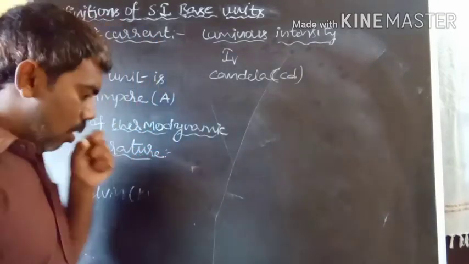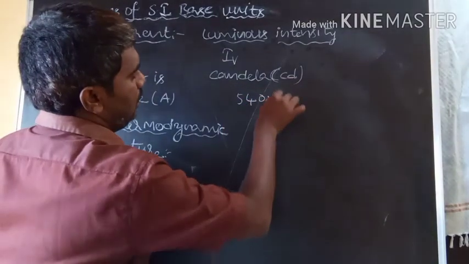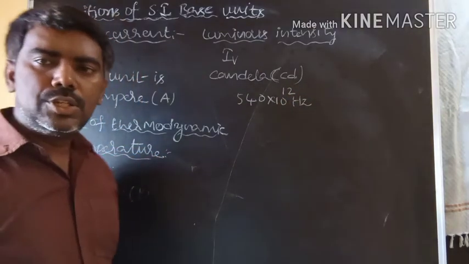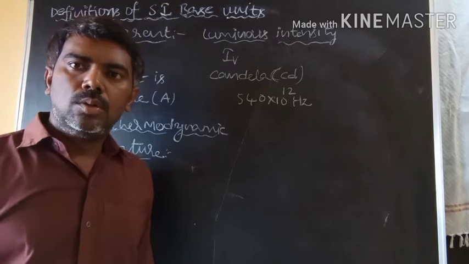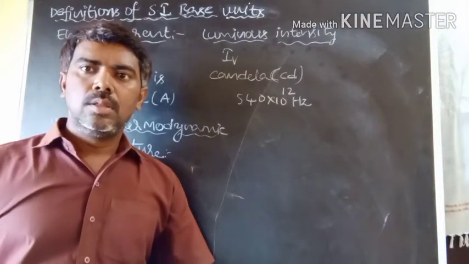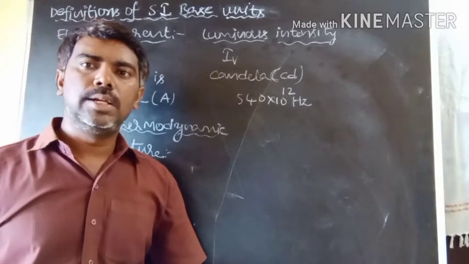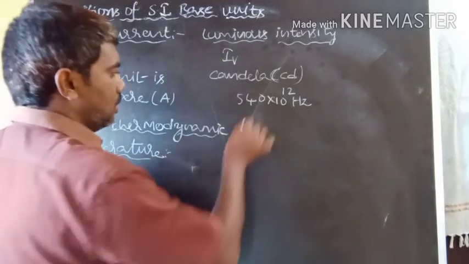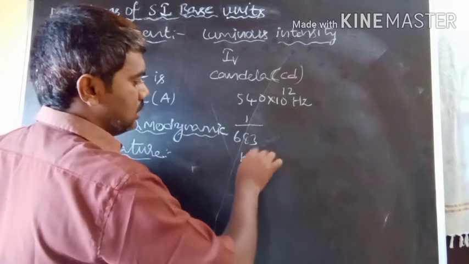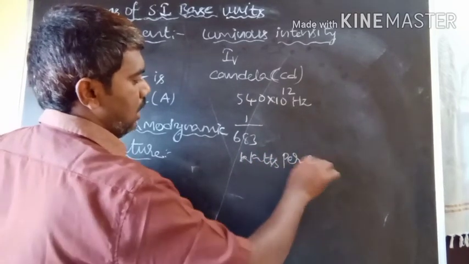Okay, now what about the frequency? 540 into 10 power 12 hertz. Monochromatic radiation is nothing but a single color. Only one color is radiated. Then what about the frequency of that monochromatic radiation? 540 into 10 power 12 hertz. Now how much is emitted? 1 by 683 watts per steradian.